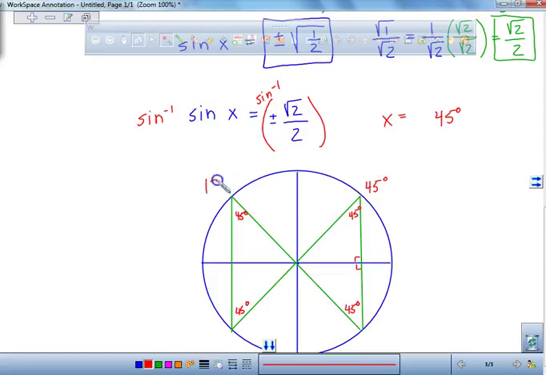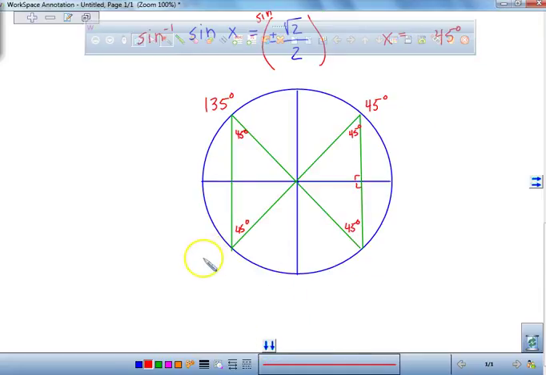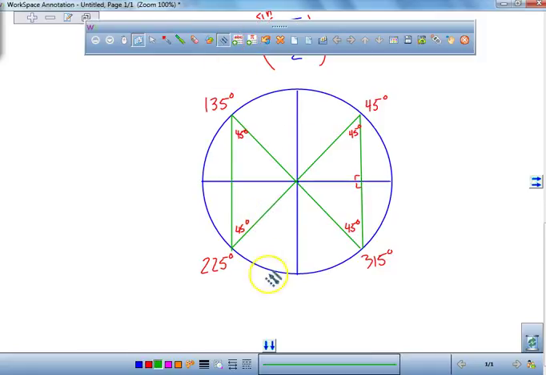You are at 135 degrees right here. You are at, let's see here, that's 180, 225 degrees, and we're at 270, that'd be 315 degrees. All these places on the unit circle create a 45-degree angle.